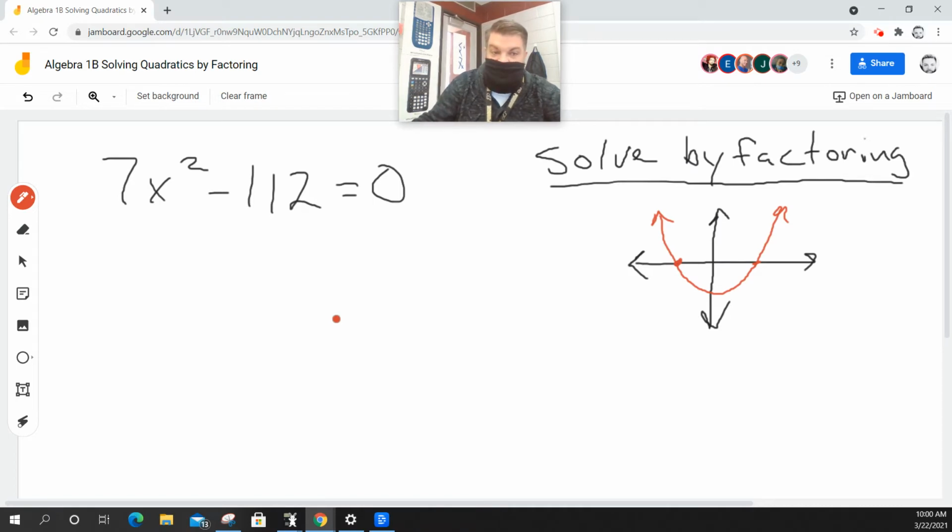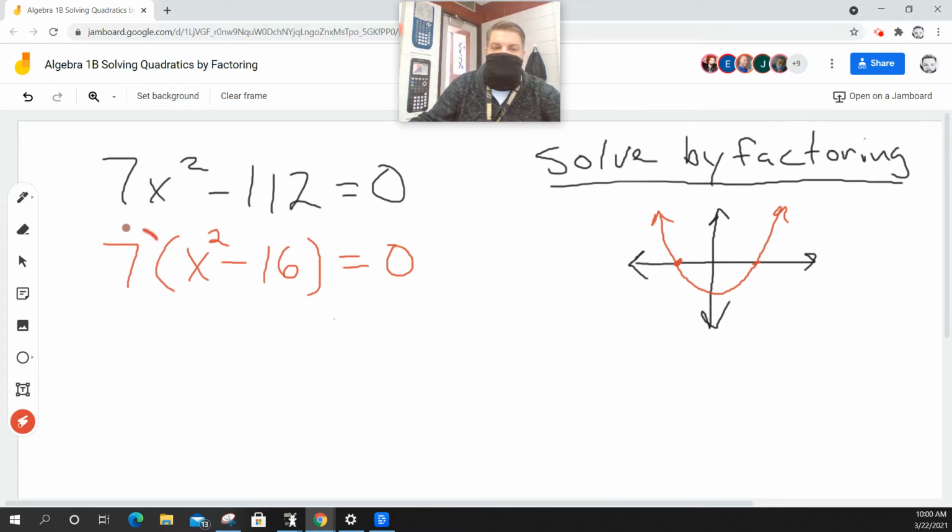So what I did was I thought in my head, can I do something like this? Now, when you factor out a 7 from both terms, it's always a good idea to go back and say, if I multiply this by this, well, I get this. Yep, so far, so good.